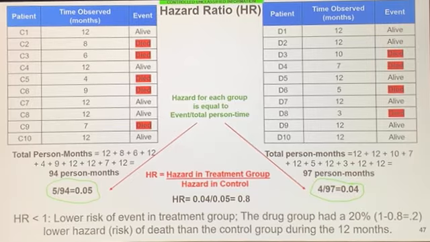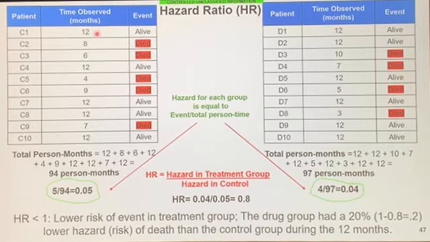So if a person drops out, if a person dies, or if a person is unable to continue for whatever reason, we're still able to include their information while they were in the study. And so here we have the control and treated groups. The study was 12 months in duration.